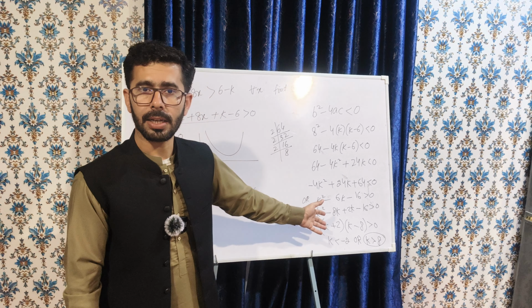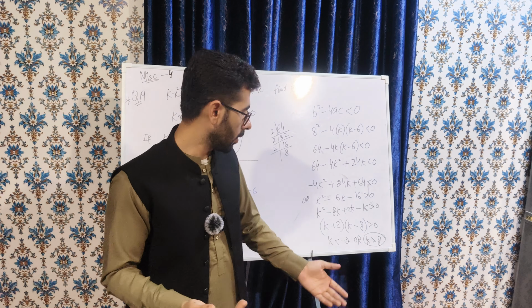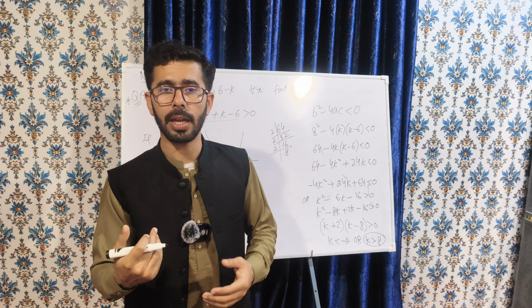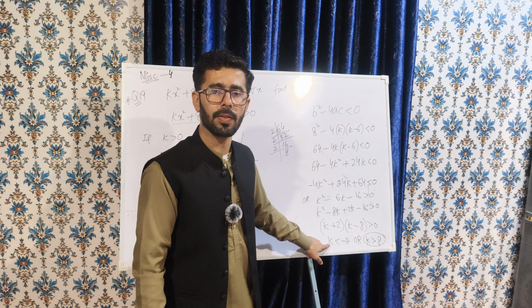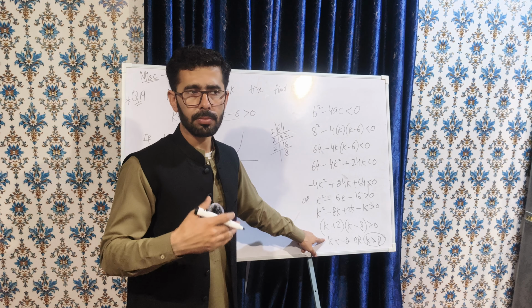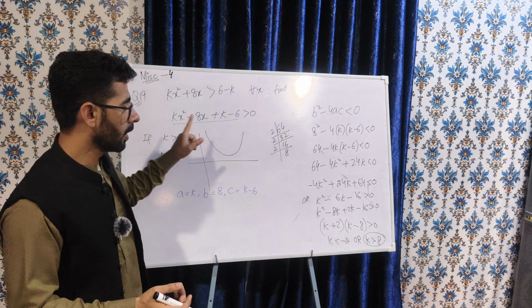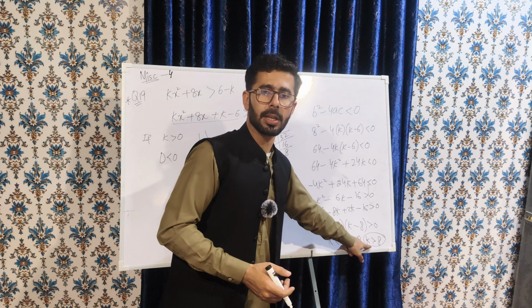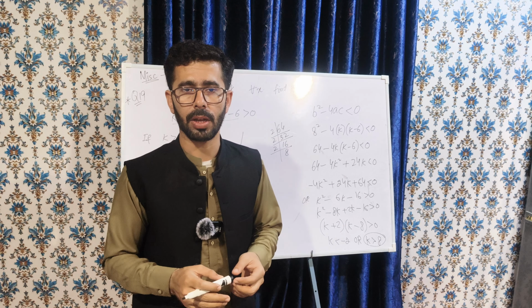We know that in a greater than 0 case, we take x values, or k values in this case, lower than alpha or bigger than beta. If I take values lower than alpha, I will need to take k values lower than minus 2. Those will be negative values, but our assumption was k to be positive, so I need to choose k bigger than 8 so that it's strictly positive values. That's what they asked us for.